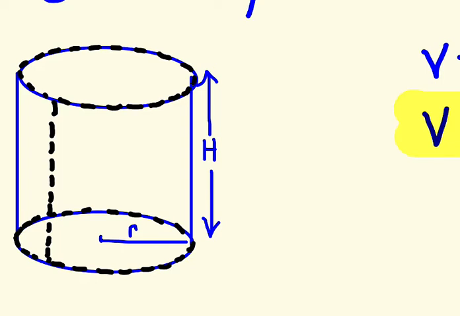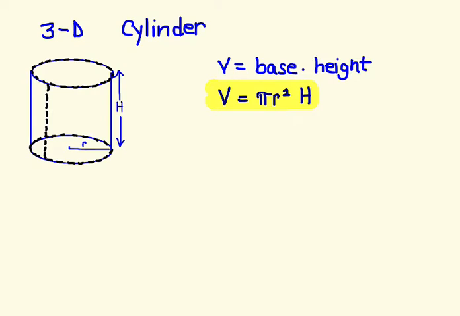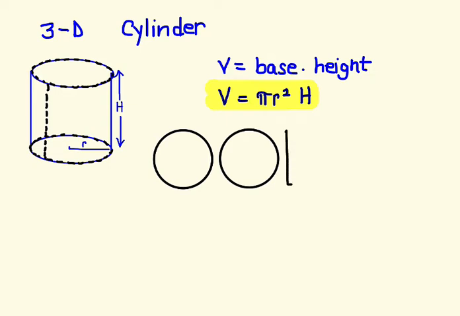So let's do that. If we open this thing up, first of all, we're going to have a circle. That's the top. And we'll have another circle. That is the bottom. And then we're going to have a rectangle like this.